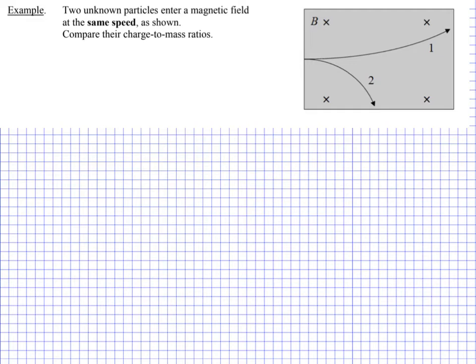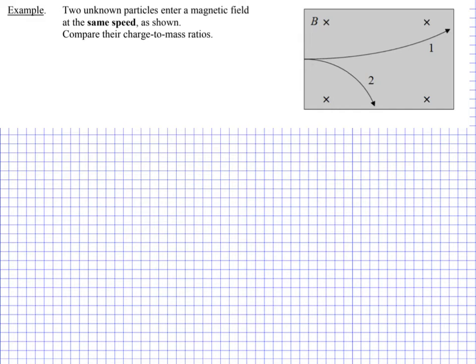We're going to show that now algebraically with our statements, and this one is a comparison of basically two particles, particle 1 and particle 2, and we can see that particle 1 has this wider turning circle, and it's got this larger radius of curvature, and particle 2 is a tighter, smaller radius of curvature. So what we need to do here is think about this in terms of the charge to mass ratios, and we're going to show, using our algebraic statements, why a greater mass would lead to a larger radius of curvature.